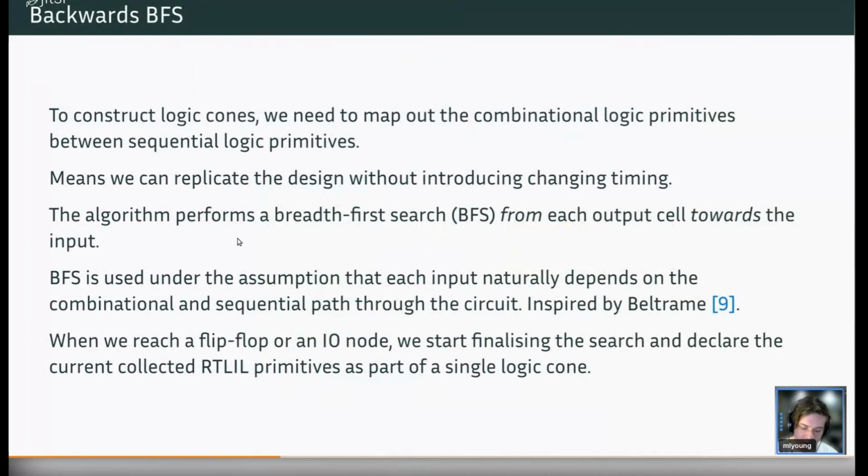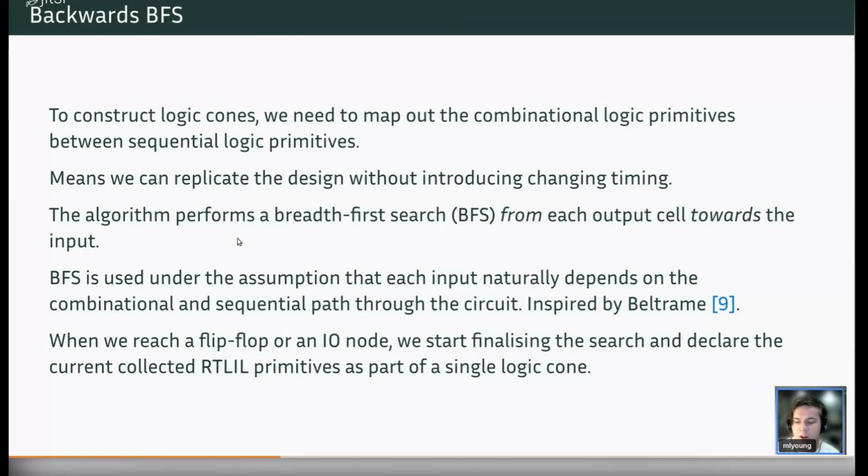It's also important to talk a little more about the actual backwards breadth first search. If we want to construct logic cones themselves, we need to find these combinational logic primitives between the two sequential logic primitives or the edges of the circuit. And this is important, and it might not be immediately clear, but the reason we consider circuits using logic cones is because it means we can replicate them without changing timing.